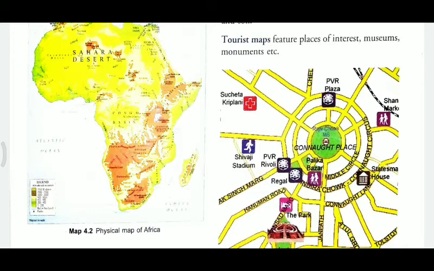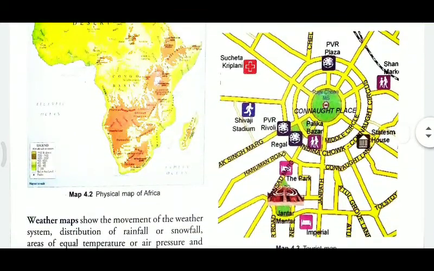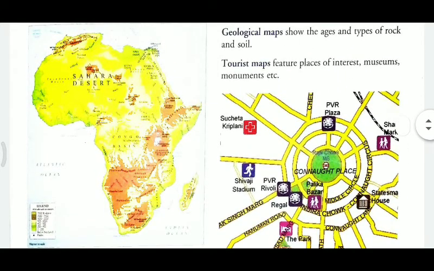For example, here we can see a tourist map of Connaught Place. Connaught Place is situated in New Delhi, and here we can see various places of interest.